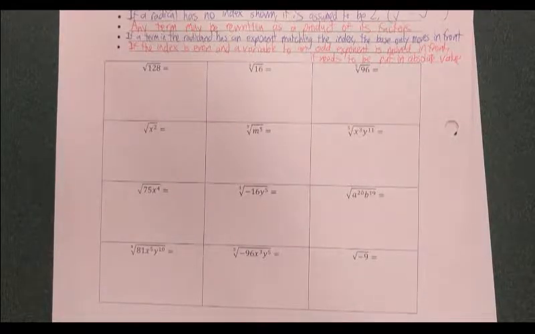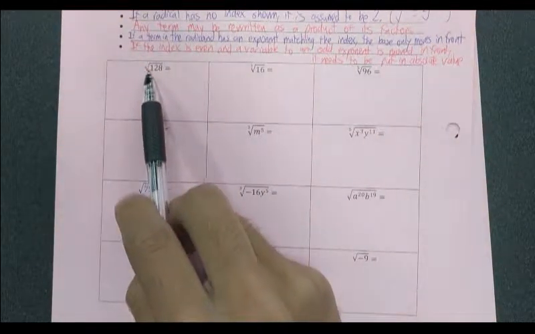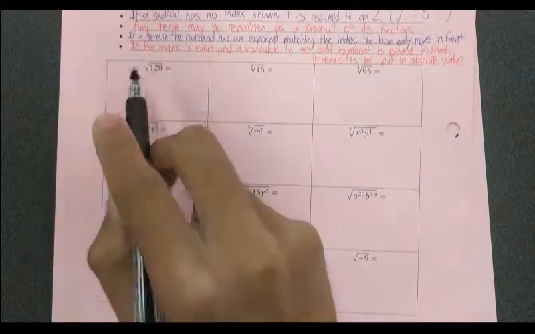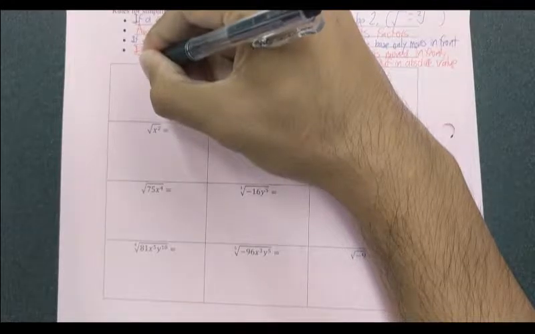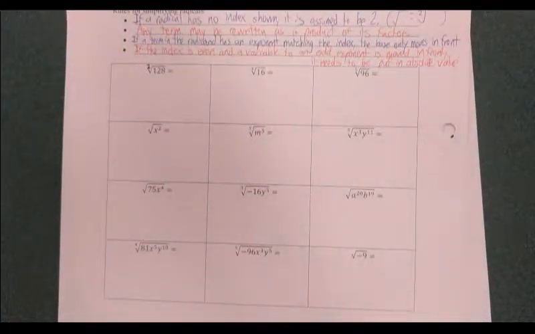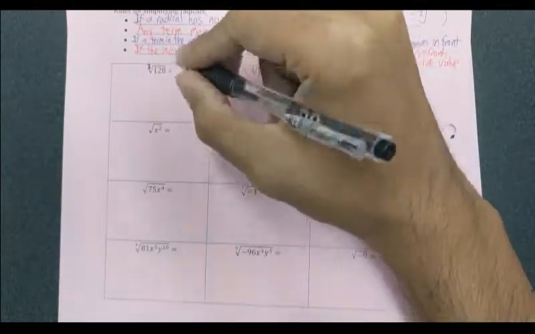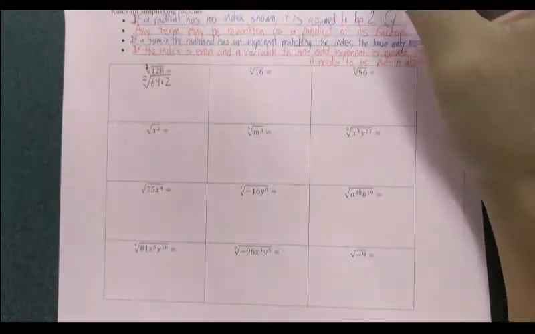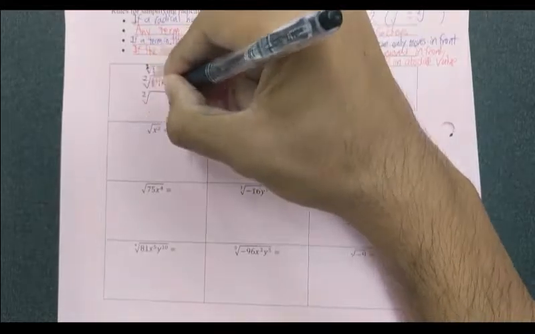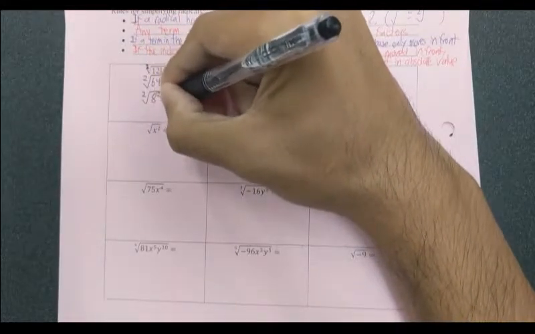Okay, so this first problem, square root of 128. So there's no index visible, but we know it's an invisible 2. So our goal is to create things to the second power inside. So I can rewrite 128 as 64 times 2. And then 64 is equal to 8 to the second power times 2.